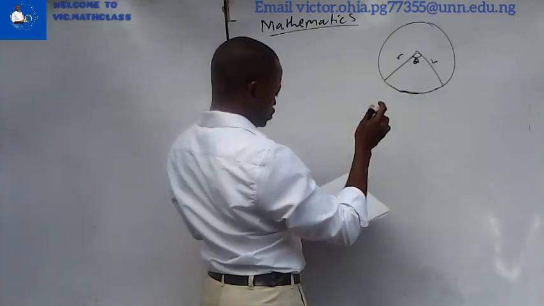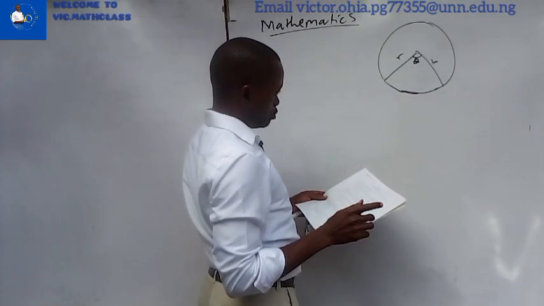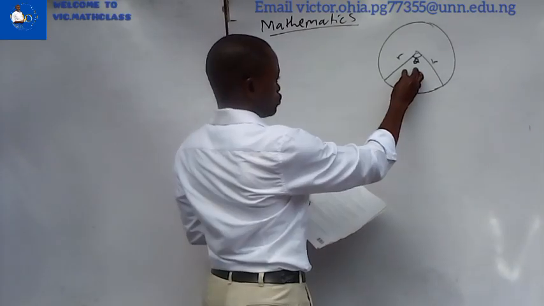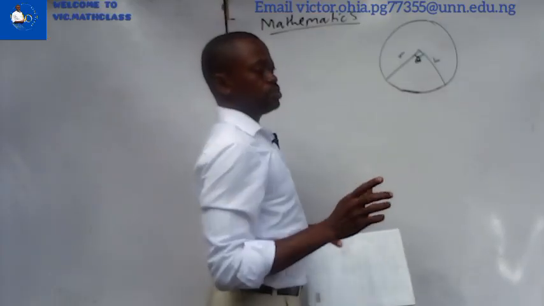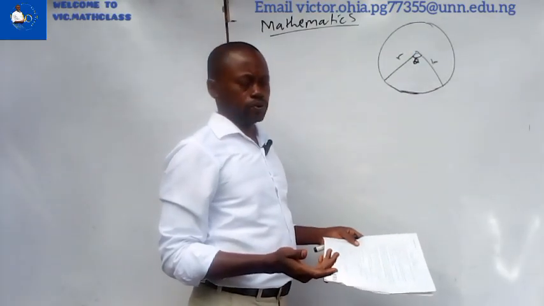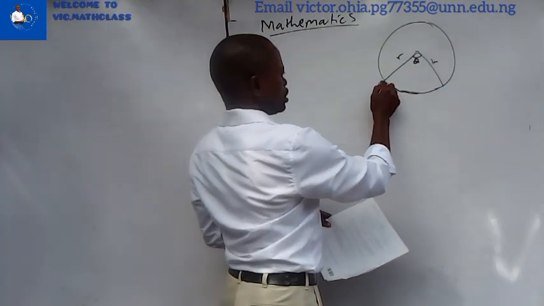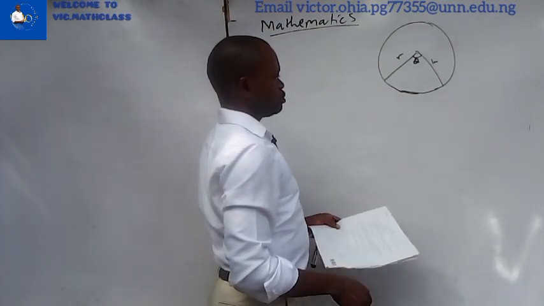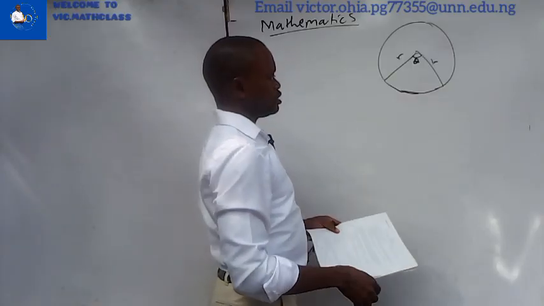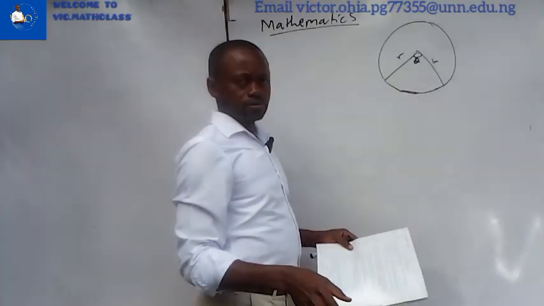Then when we say the perimeter of a sector, this is a sector. The perimeter simply means the distance around a shape. So you take this movement, this movement, and this movement. The length of this arc is given by theta over 360 times 2 pi r.